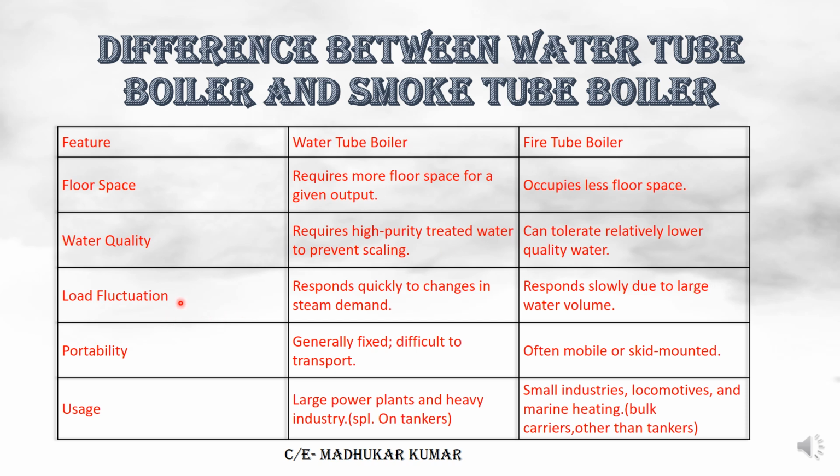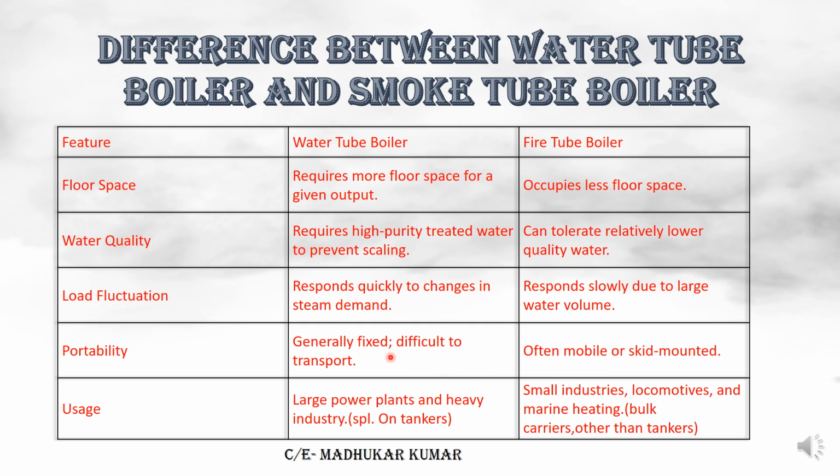Load fluctuations: the water tube boiler responds very quickly to changes in steam demand, but the fire tube boiler's response is slow because of the large volume of water. Now portability: the water tube boiler is generally fixed and difficult to transport, but the fire tube boiler is mobile and skid mounted, so installation is easy in the fire tube boiler and difficult in the water tube boiler.